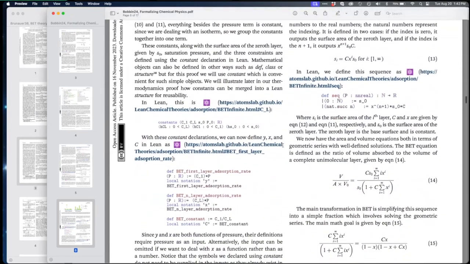So the code in this paper again is Lean 3. Don't worry about that. Just look at our repo, LeanBET, to get the Lean 4 versions of this.